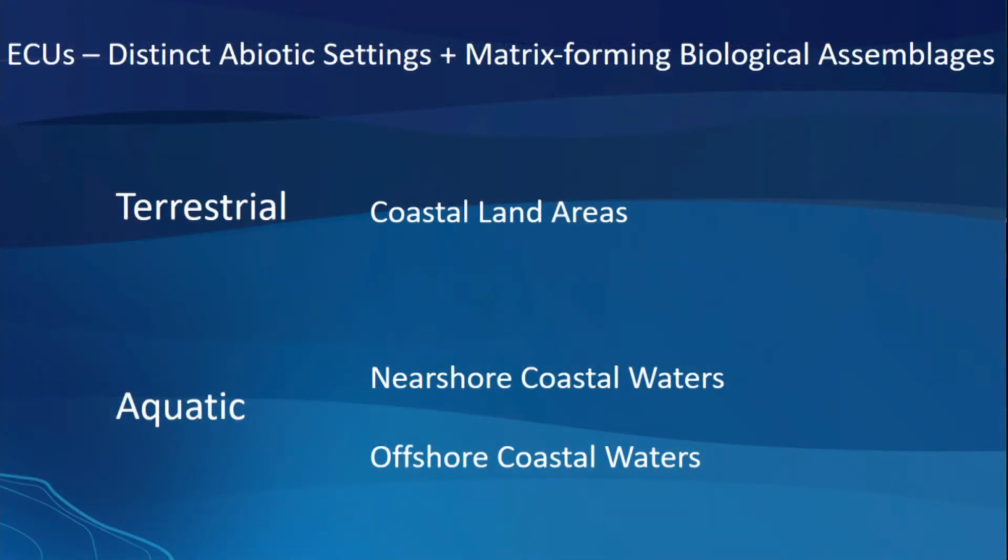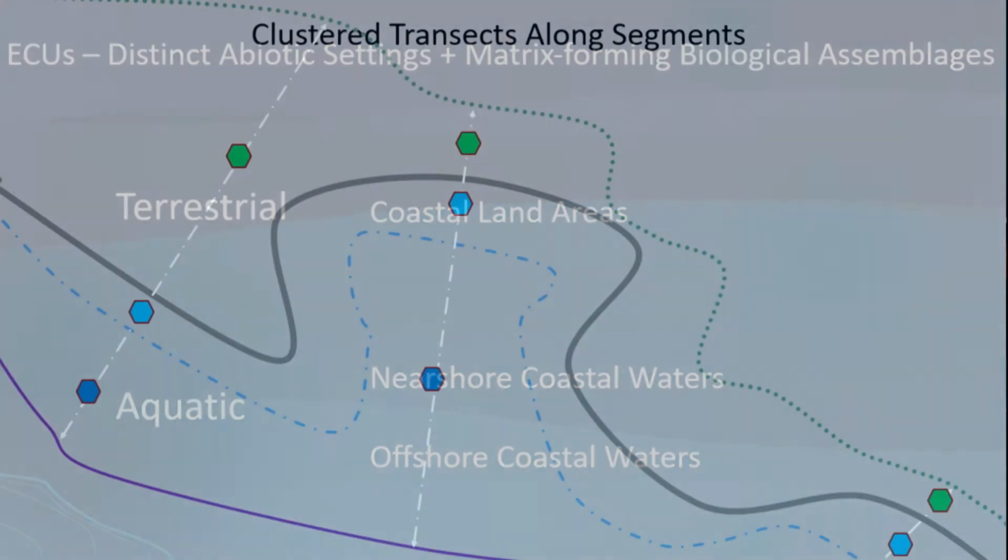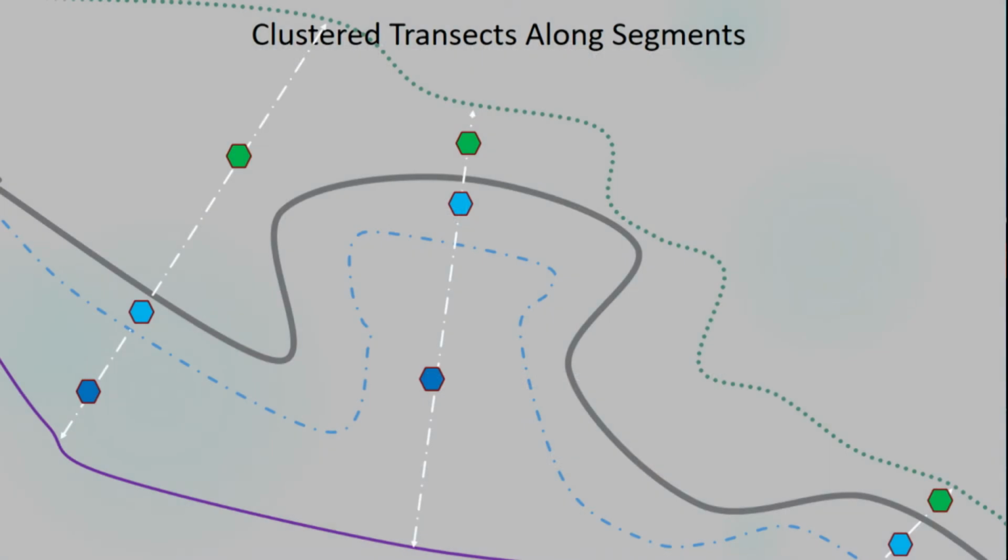What we're going to do inside them is statistically identify distinct abiotic settings in combination with matrix-forming biological assemblages. And we're going to do the analysis within each of those subzones. How we're going to do that is we're going to establish transects at scientifically defined intervals along the shoreline, and we're going to draw a transect from the shoreline into that coastal plain boundary.